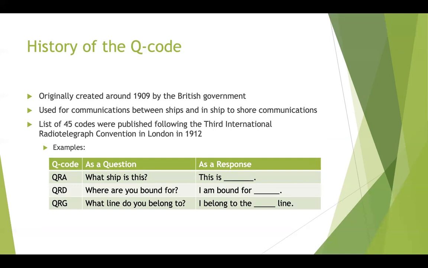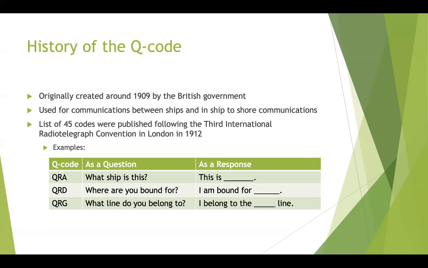There was a list of 45 codes that were published after the Third International Radio Telegraph Convention that was held in London in 1912. Well, some examples are like QRA, what ship is this? And if you're sending it as a response, it would be this is, and then you would give the name of the ship. QRD, where are you bound for?